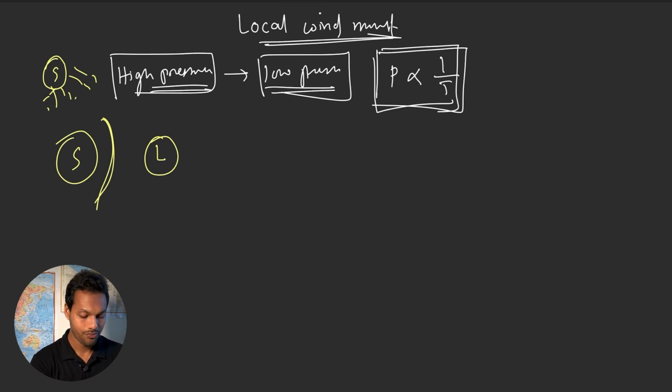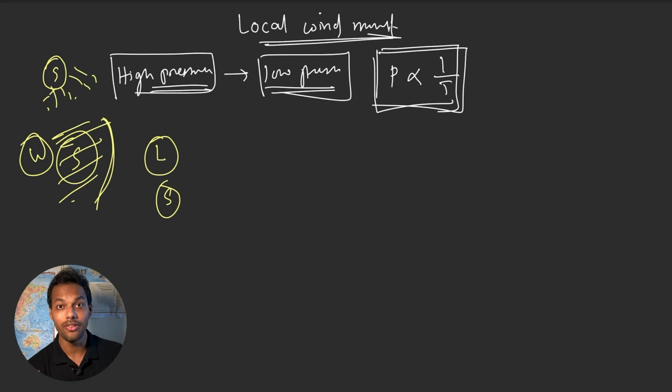Then what will happen? Due to their constituents, the sea or water body has water, but the land mass has soil. Due to the difference in specific heat of water and soil, there is a difference in temperature. How?